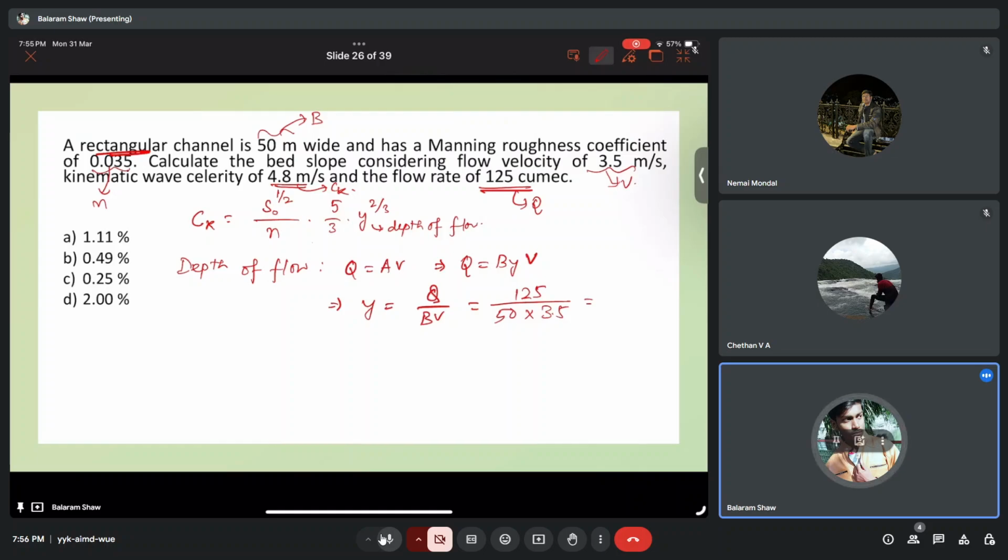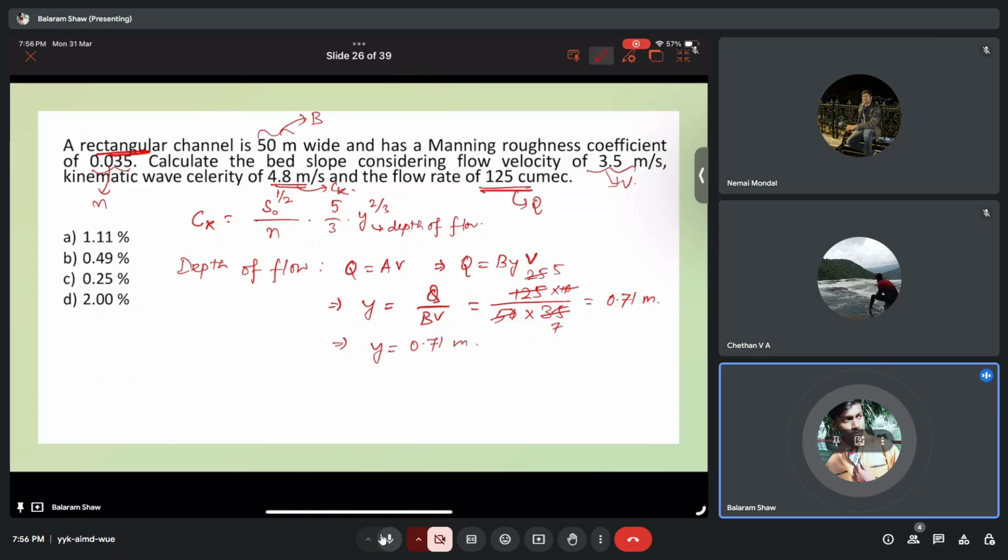You don't have to change any units. Let's do it. We got y as 0.71 meter.